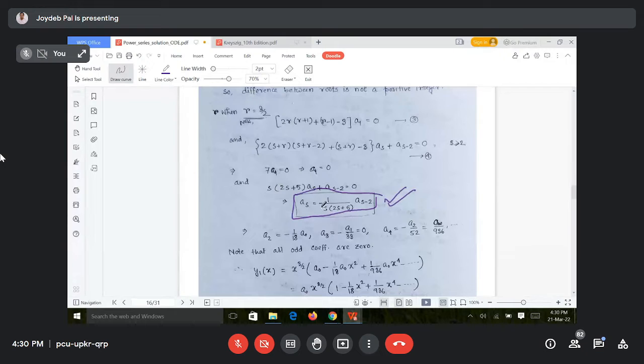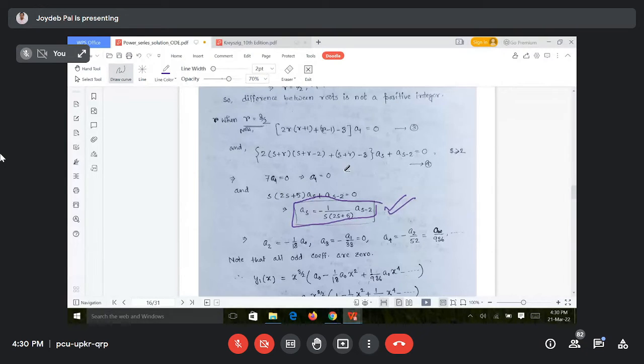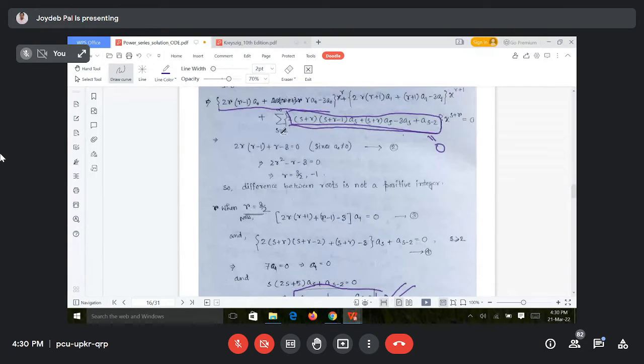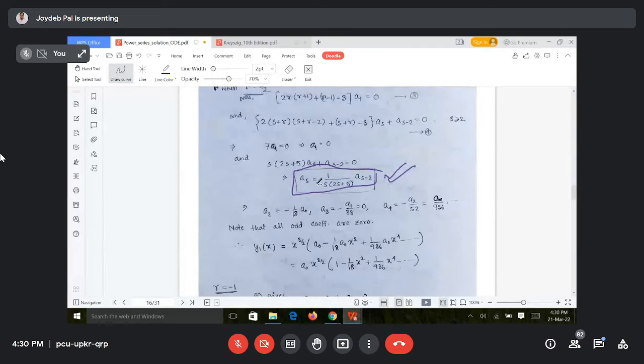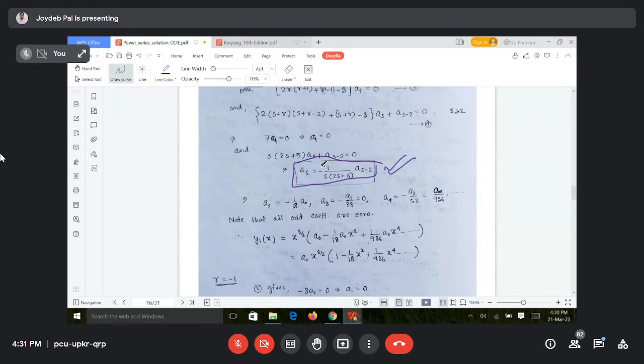Now here s is starting from where? यहाँ पे summation का limit 2 से है, तो s is starting from 2. So a2 will be something into a0 और वो something हो रहा है minus 1 by 18. Similarly a3 will be something into a1. Now what is a1?